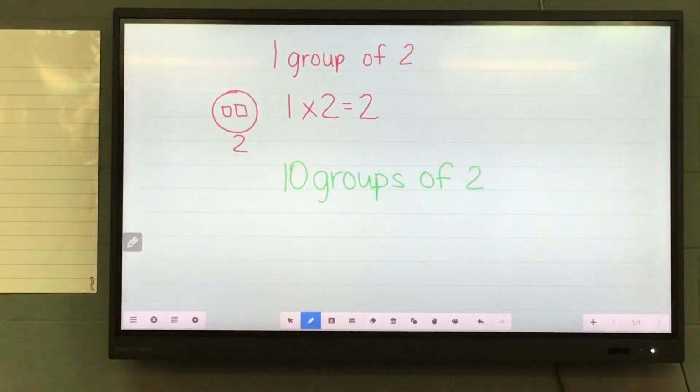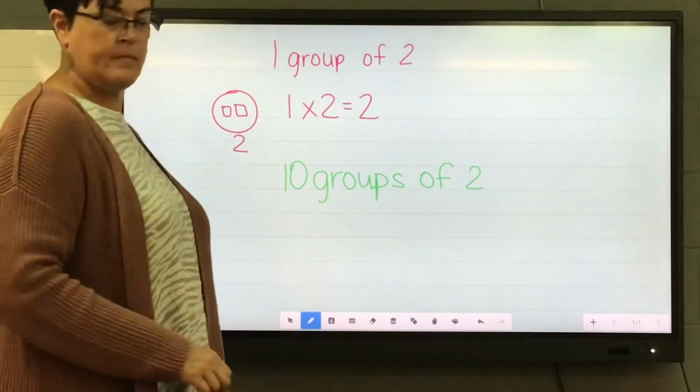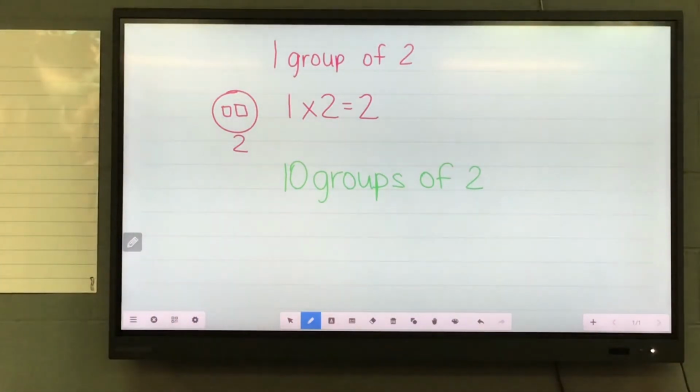Okay, do you have your 10 groups of 2? Groups of 2. 10 of those. Okay, so 10 groups of 2.